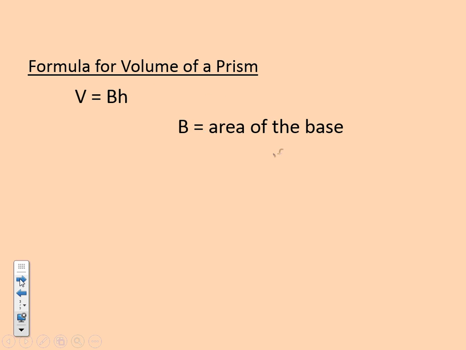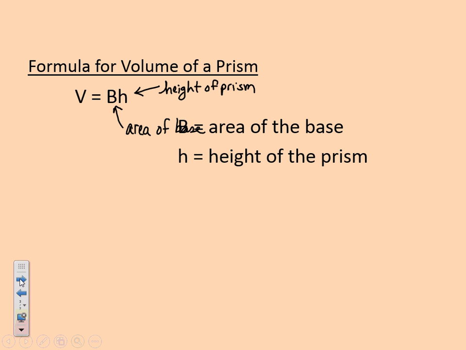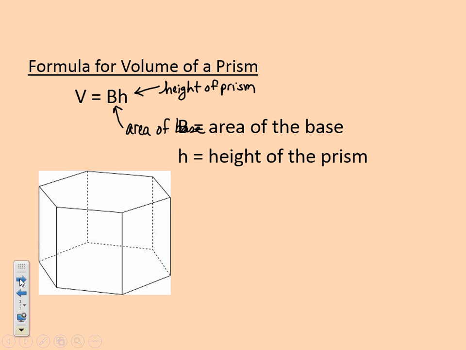It's a little bit more than the whole idea of length times width times height that you may be familiar with, because our prisms are not always going to be this rectangular prism type that we're used to. This right here is a hexagonal prism. Notice how there are two hexagons, top and bottom.